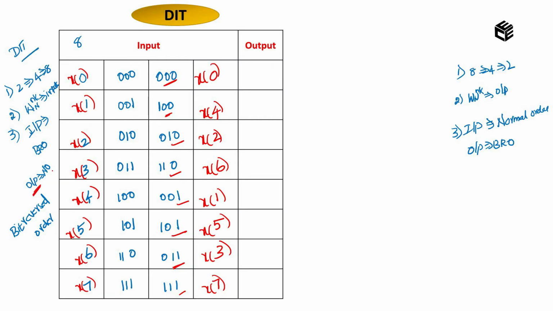Right. My output of DIT is normal order, which means x of 0, x of 1, x of 2, x of 3, x of 4, x of 5, x of 6 and x of 7. That is, we are transforming x of n to x of k. Okay.